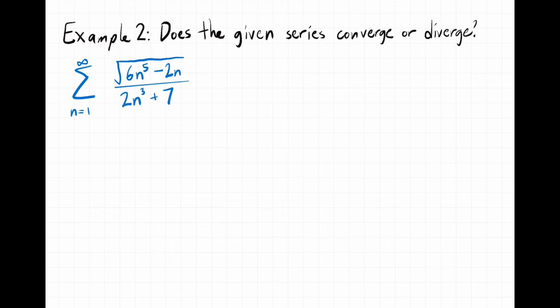Now, a good rule of thumb here is to do the same kind of process that we just did in the last example. Let's take our a_n, and this is equal to the square root of 6n to the 5th minus 2n, all under that square root, all divided by 2n cubed plus 7.